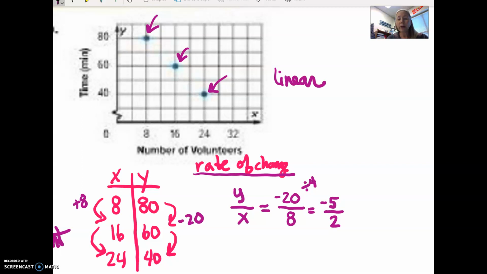So I know my rate of change is going to be the change in the y, which is negative 20, over the change in the x, which is 8. So we would write that fraction as negative 20 over 8, and that can be simplified to negative 5 over 2. Now, we leave the rate of change as a fraction, even if it's an improper fraction. We want to leave it like that, but we can simplify it.